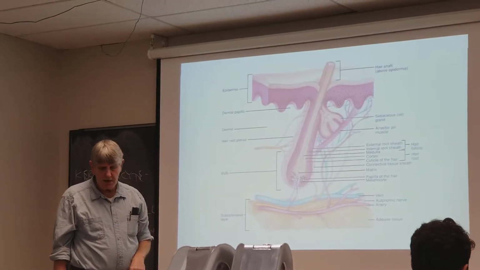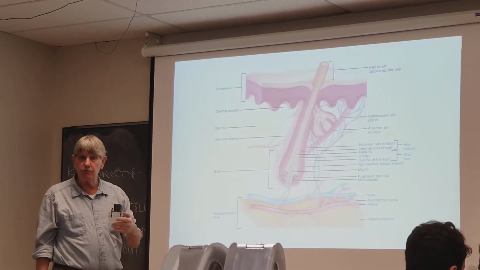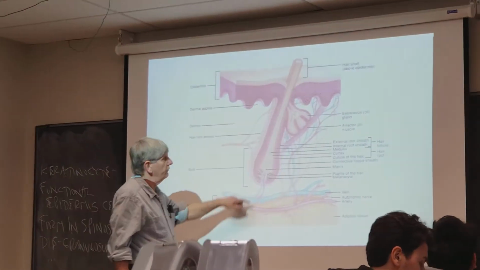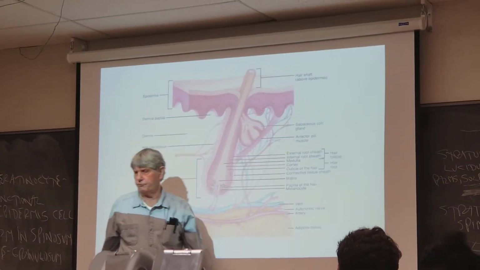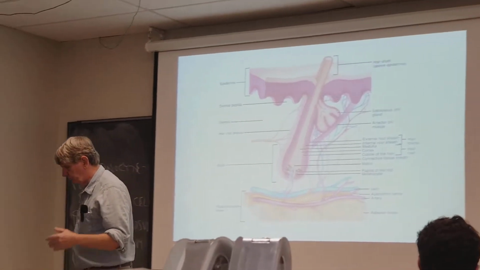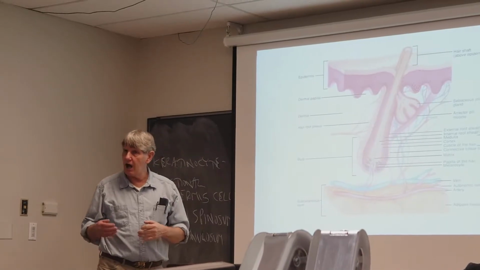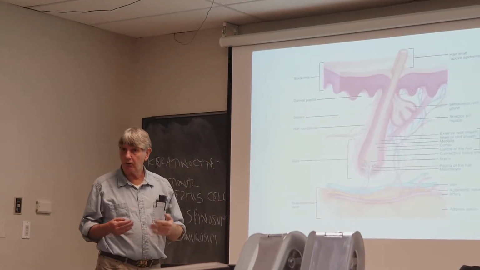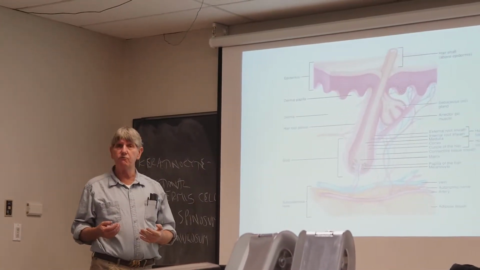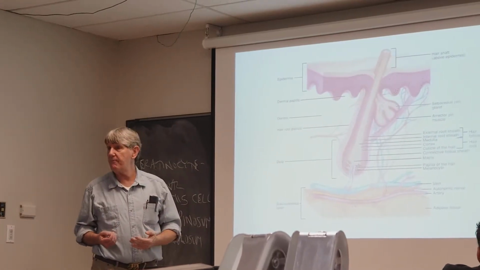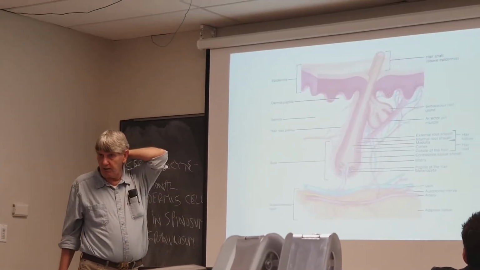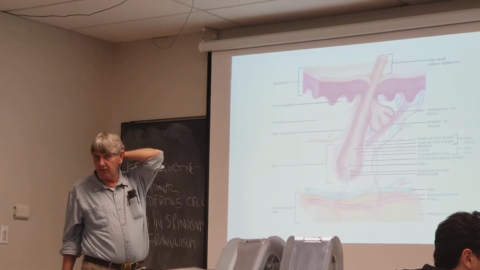Okay. Another thing we have here is the erector pili muscle. And so this muscle right here, smooth muscle, is responsible for goosebumps. All right. And so whenever you get frightened or cold or otherwise something weird happens, you often feel goosebumps. Everybody knows what they feel like, right?